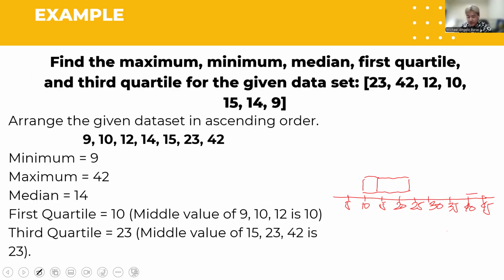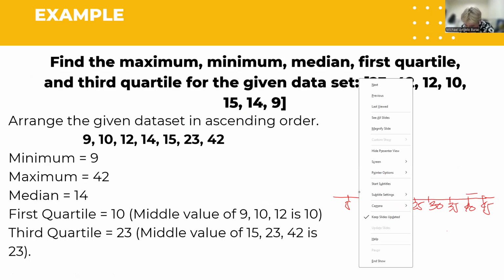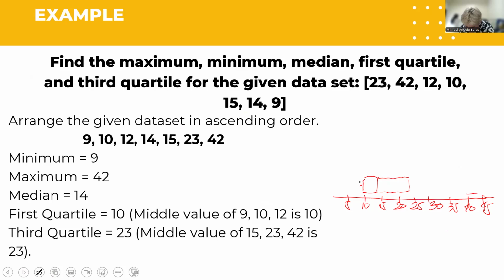So we now just want to show our whisker. So we have 9, just a little bit here, the minimum. So this is our whisker for the minimum value and whisker for the maximum value. So we have 42. So this now is our box, but we need to label it.